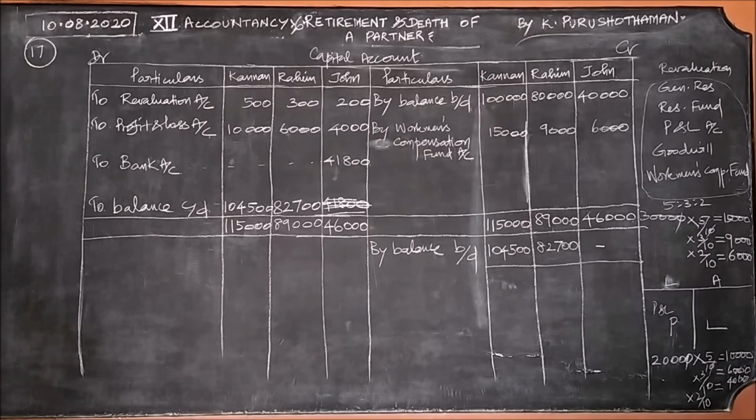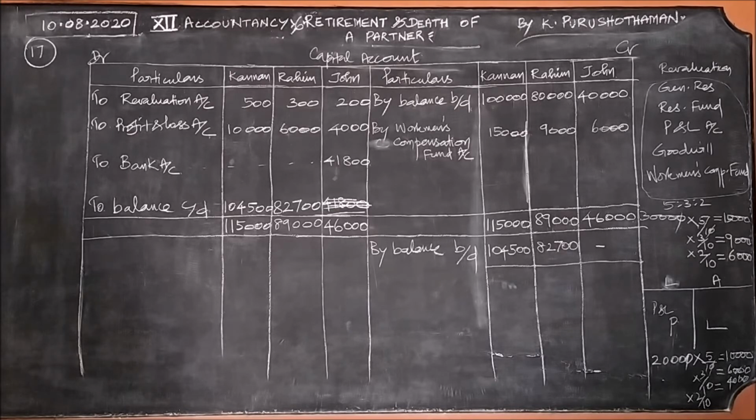You can find it in the fifth adjustment. The retiring partner shall be paid immediately. Once it is paid immediately, we should see the balance sheet given in the question paper, whether cash in hand or cash at bank has the amount available.